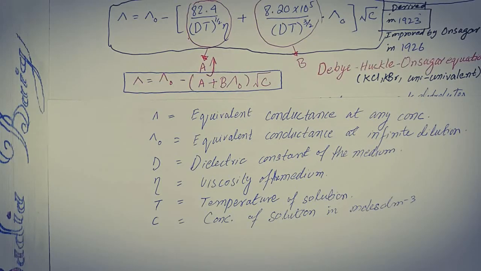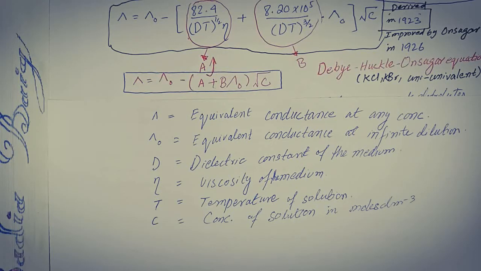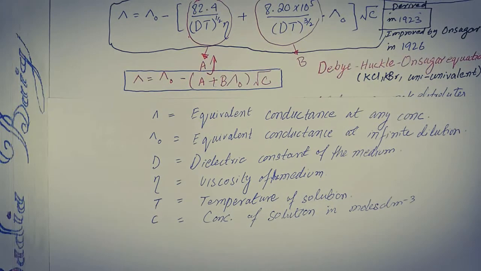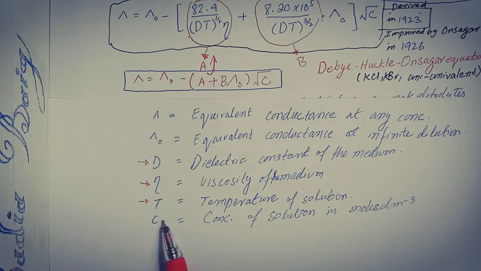If we observe this equation, known as the Debye-Huckel-Onsager equation, the values of the dielectric constant, temperature of the solution, and viscosity of the medium are constant parameters for a given solution.